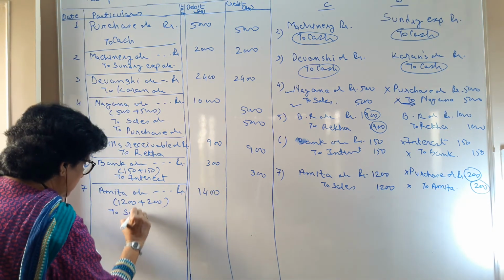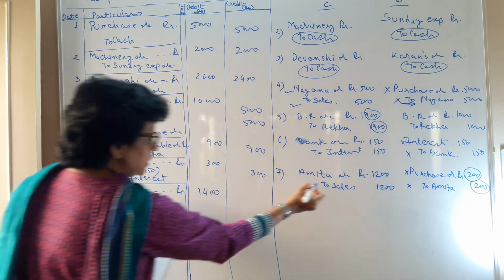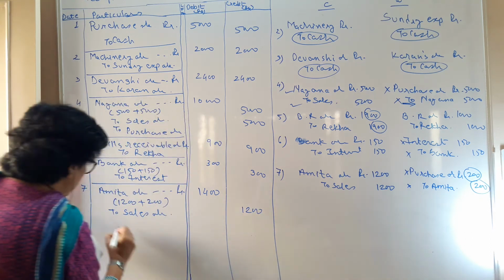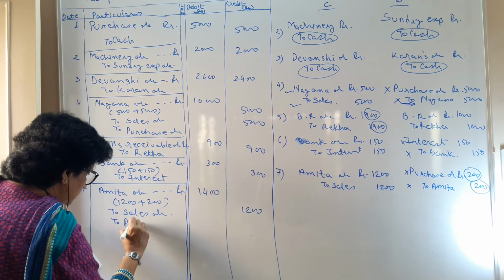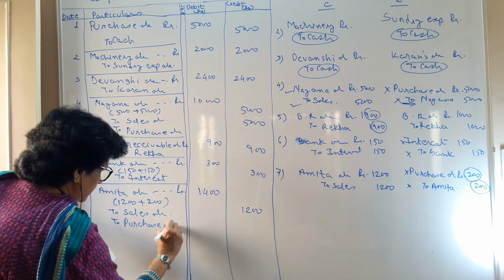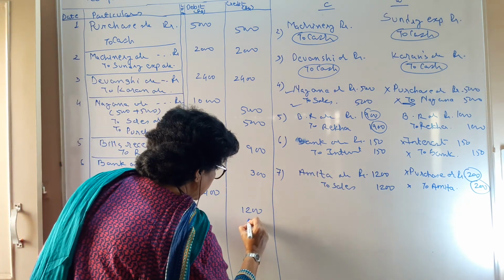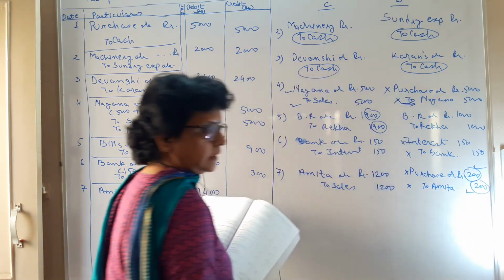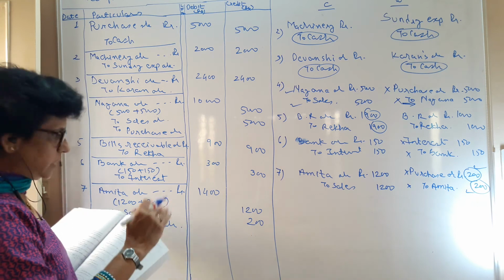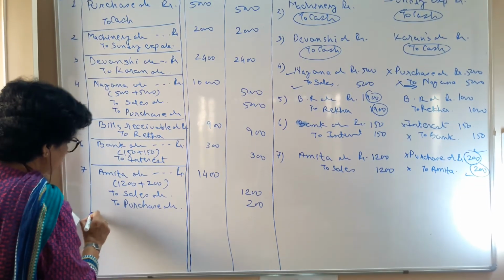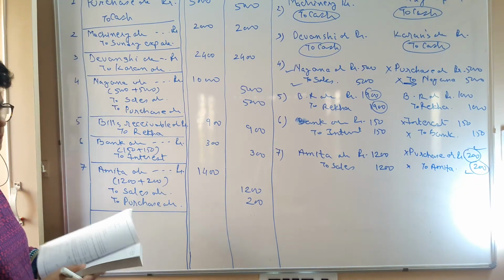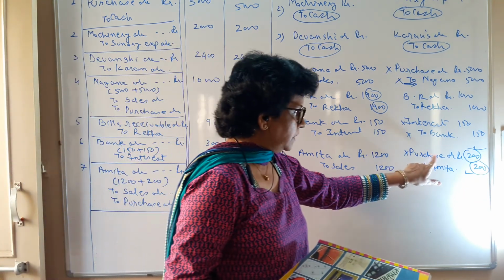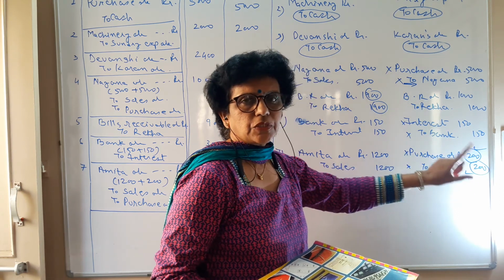To sales account, what is not done is sales account 1200. So that is to be recorded, and to purchase account, that is rupees 200 only. Keep in mind 200 is the mistake, so only 200 is to be done. Not that all the time you double the figure. So being rectification entry for wrongly recorded sale to Amita of 1200 by mistake as 200 in purchase book.